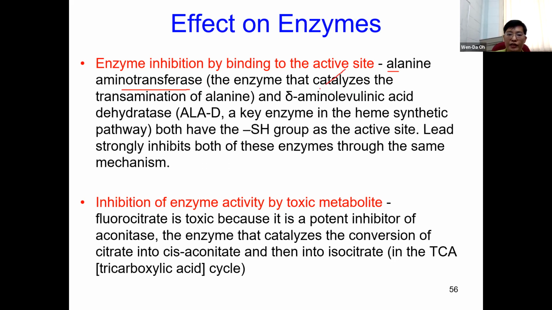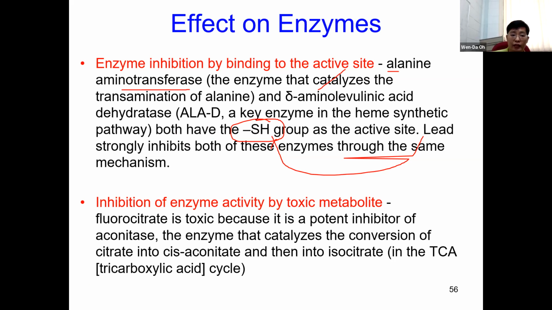If you remember, this SH group is a very good group to which heavy metals like to attach. Lead itself can attach to this SH group, because the SH group is very stable when it forms the bond with the lead. So when lead bonds with the SH group, it inhibits the enzyme activity. The enzyme acts as a ligand, and the lead is attached to it.